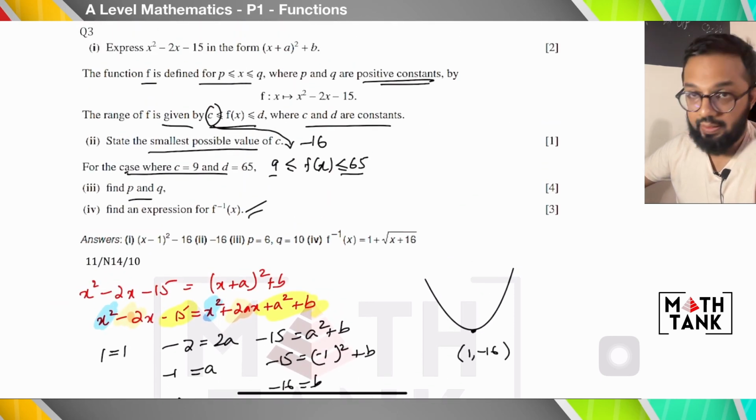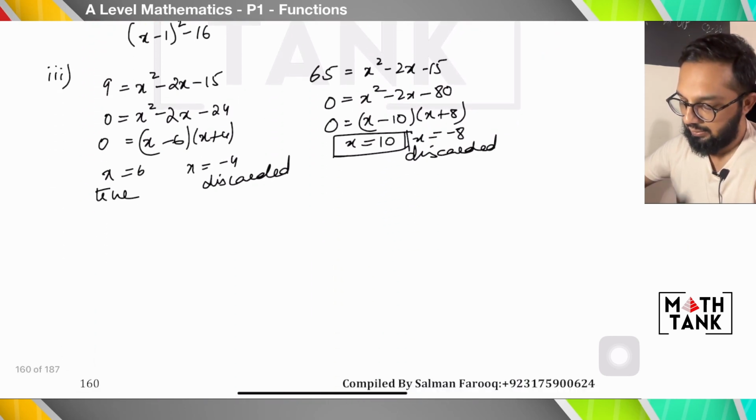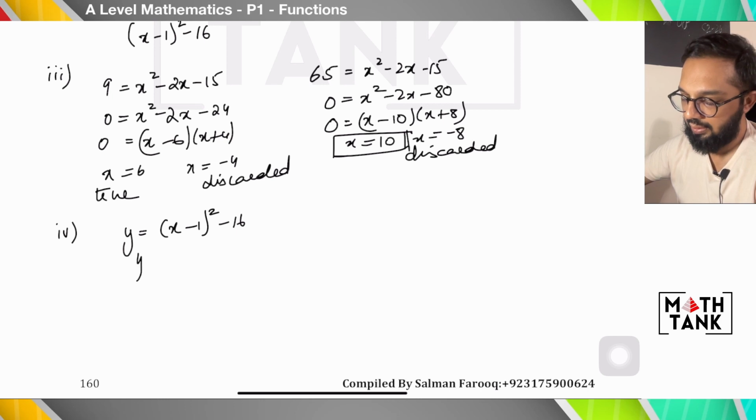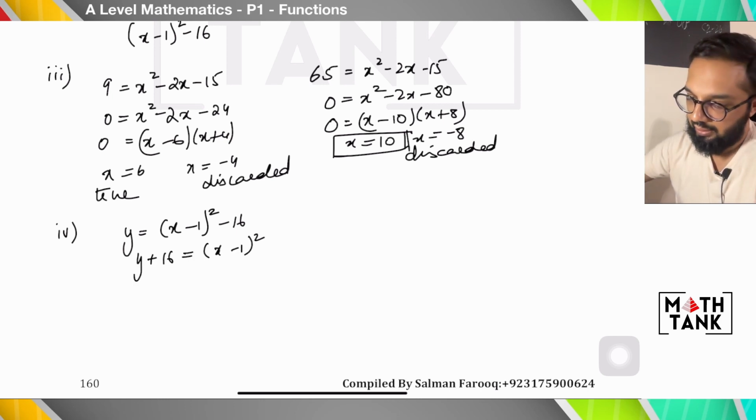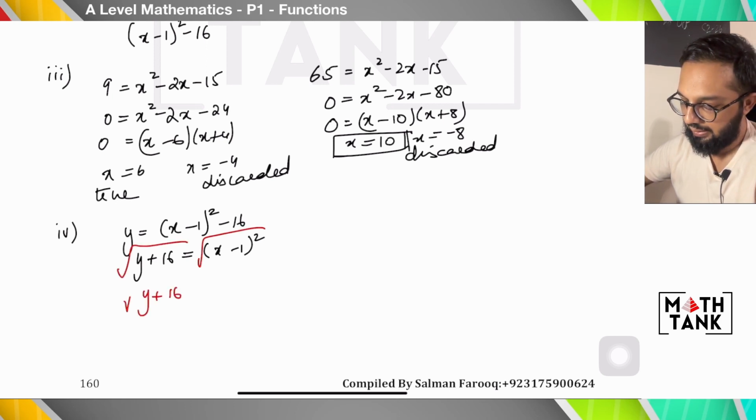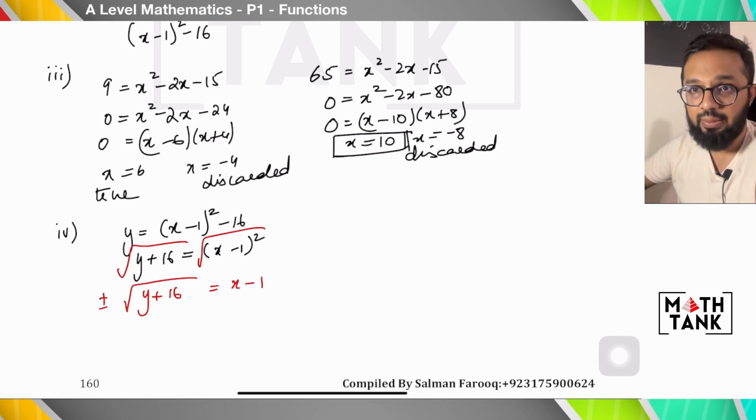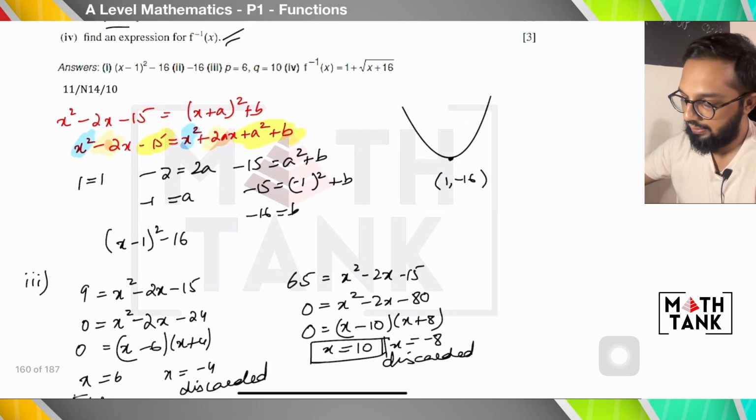Find an expression for f inverse of x. So the inverse of a quadratic function always starts with the completed square form. We get y plus 16 equals (x minus 1) whole squared. You take a root on both sides and you get the square root of y plus 16 equals x minus 1. Now there's a possibility of both a plus and a minus. Now I know for a fact that my curve has not started from 1, it started from 9 and is going up.